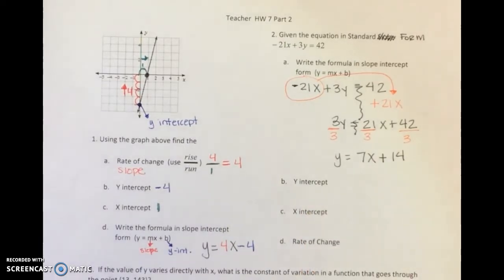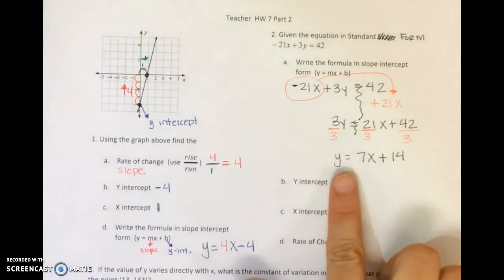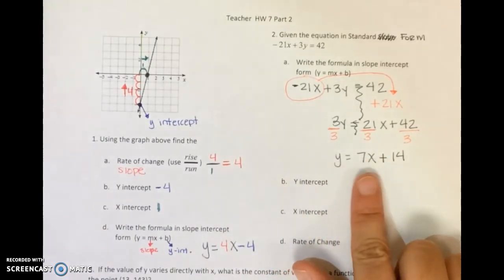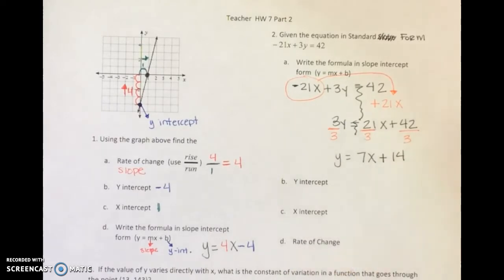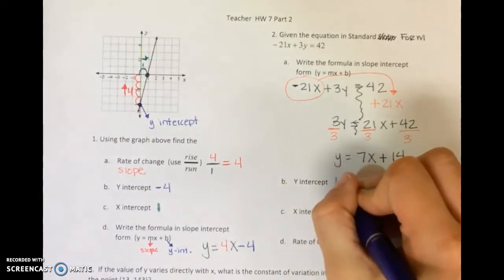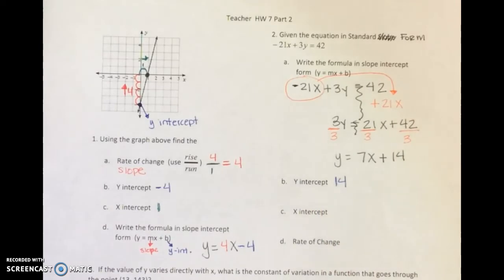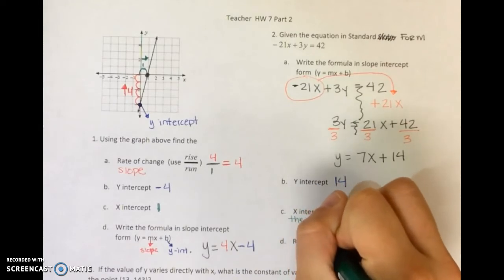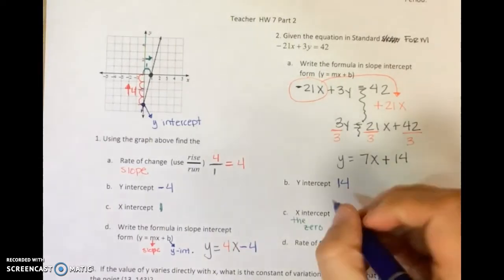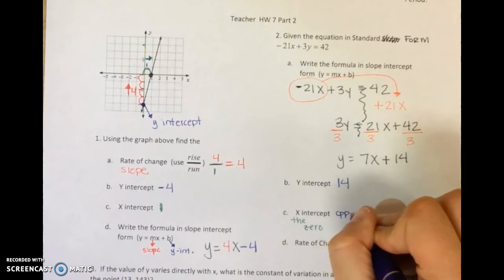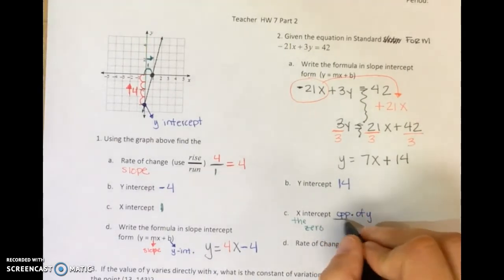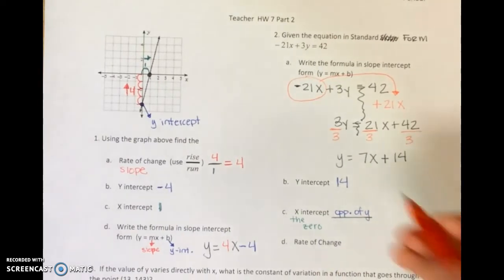The y-intercept. In this equation, remember the slope is the one with the x, so this would be my y-intercept, which is 14. The x-intercept, which is sometimes called the zero: you have to do the opposite of the y-intercept divided by the slope.